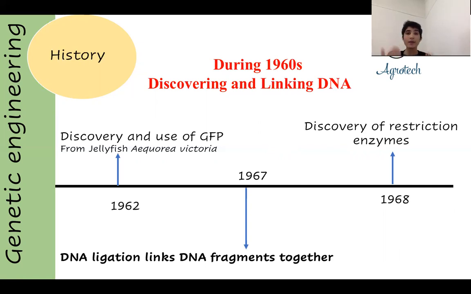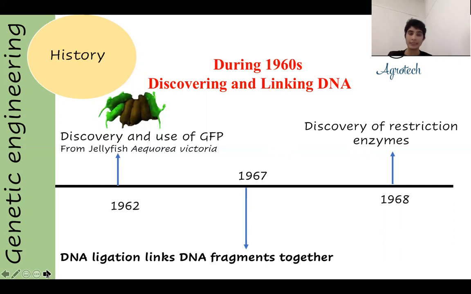So in the era of the 1960s, scientists identified that DNA can be cut, and it can be linked by using ligase. In 1962, scientists identified green fluorescent protein.